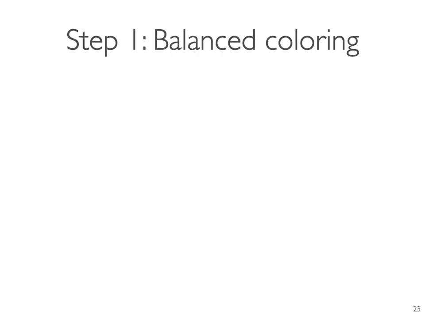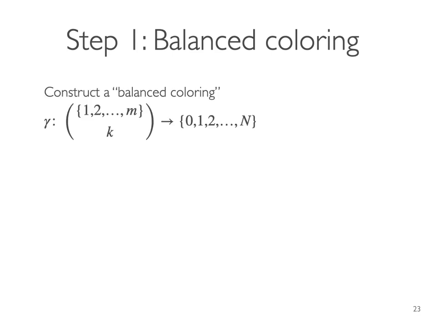We begin by constructing what we call a balanced coloring, where we color each k subset of the universe 1, 2, 3 through m with one of the colors 0, 1, 2 through capital N. To be balanced, a coloring must have the following property.